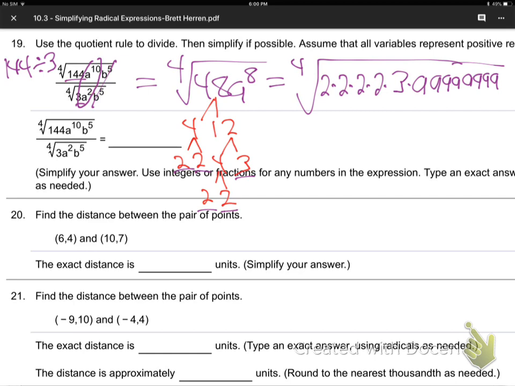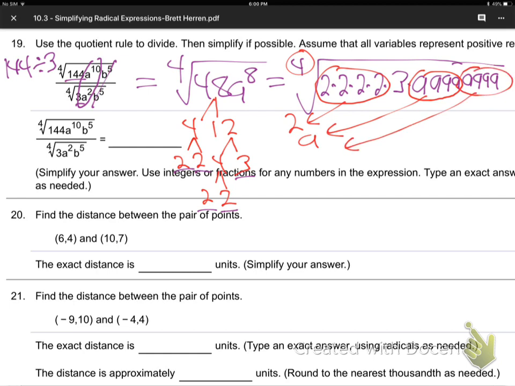All right, 4 in the hook, 4 for one deal. 4 2's in, out comes a 2. 4 A's in, out comes an A. 4 A's in, out comes an A. That 3 is staying in the root, so the root will not vanish. It's 2AA on the outside, 2A squared, 4th root of what's left in the root, 3. There it is for number 19.